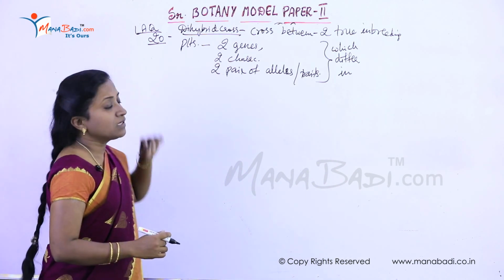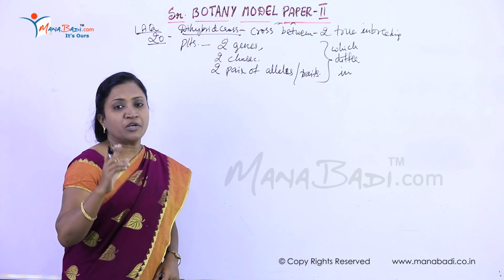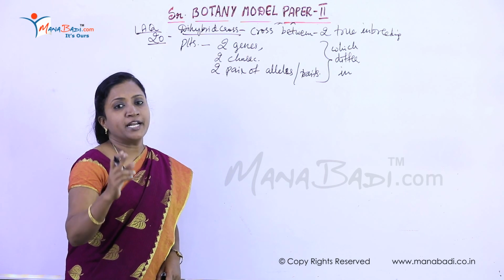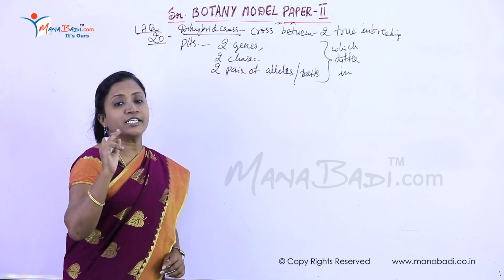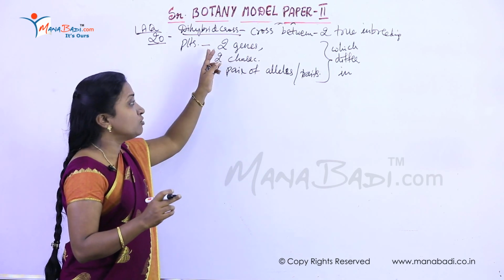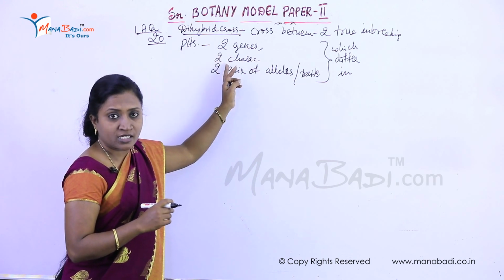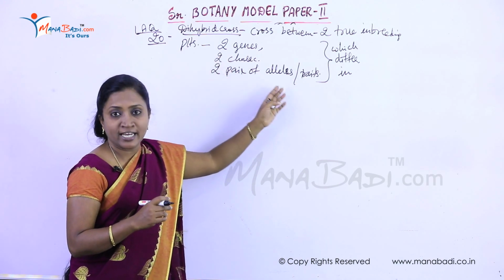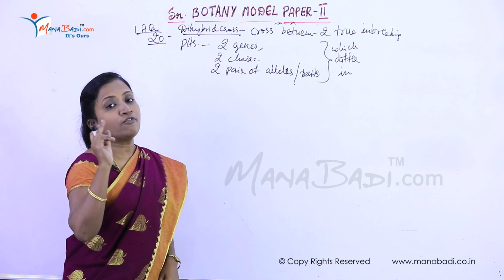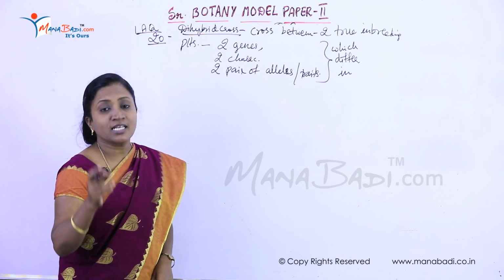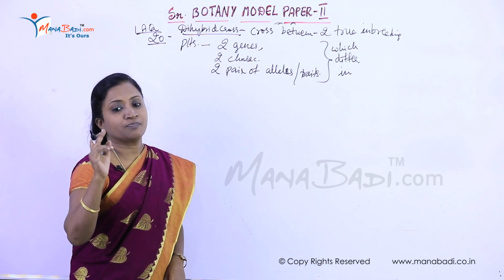A cross between two true breeding plants which differ in two genes or two characters or two pairs of alleles or two pairs of traits is called a dihybrid cross.